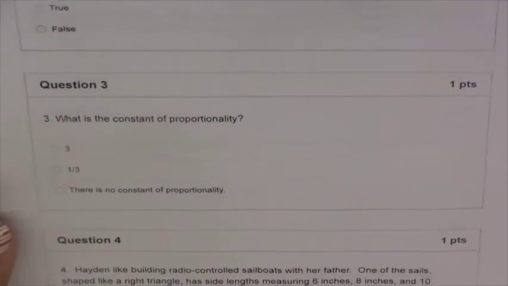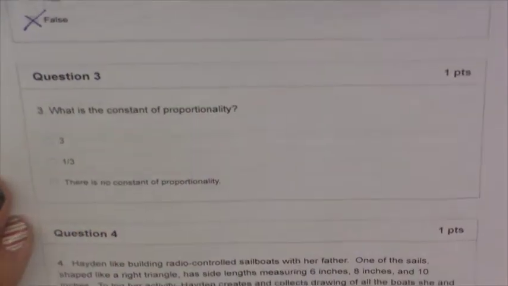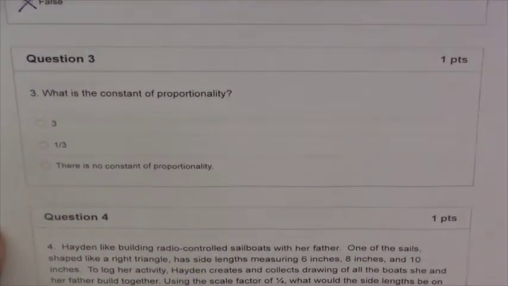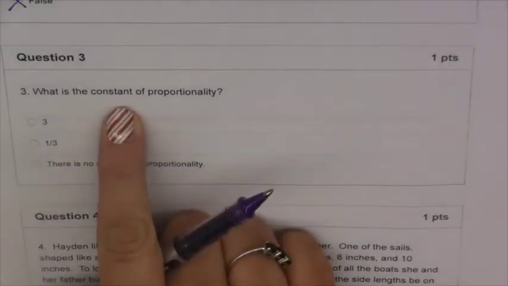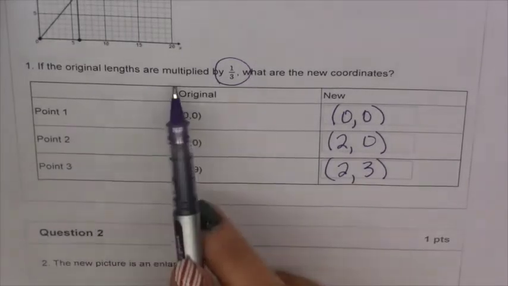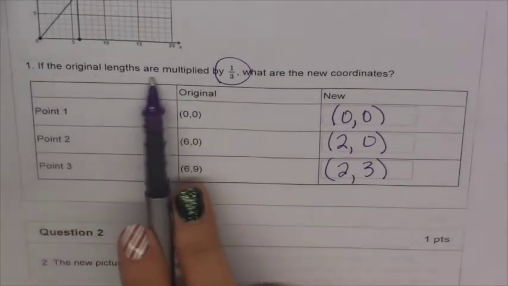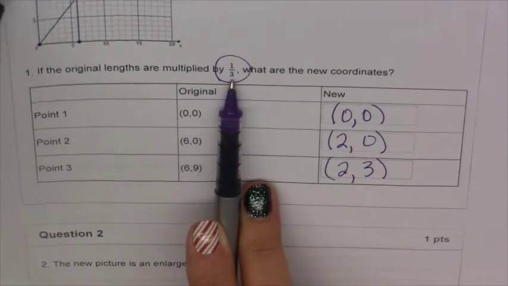So question 2 would be, let's find it right here, would be false. Question 3, what is the constant of proportionality? This is the number that we multiplied each of our coordinate points by in problem 1. So if we look at problem 1, we multiplied each of them by 1/3, so our constant of proportionality would be 1/3.